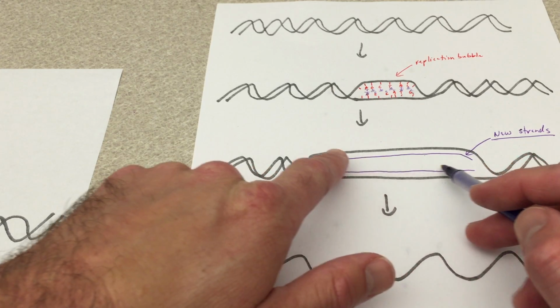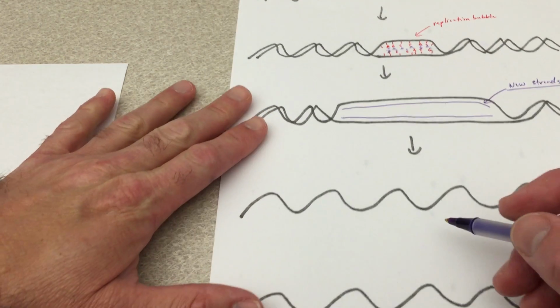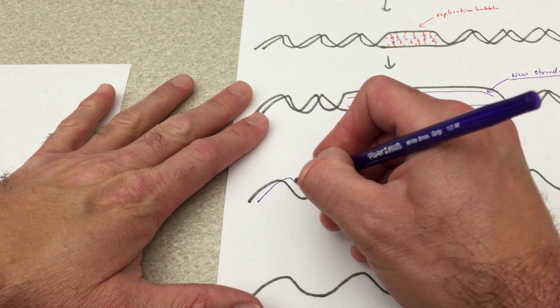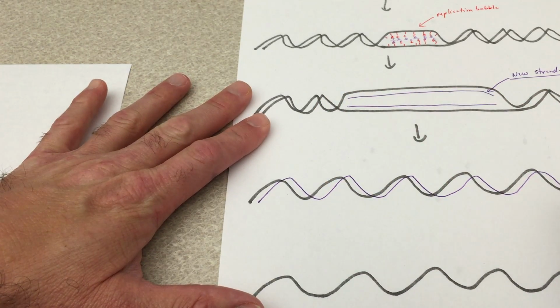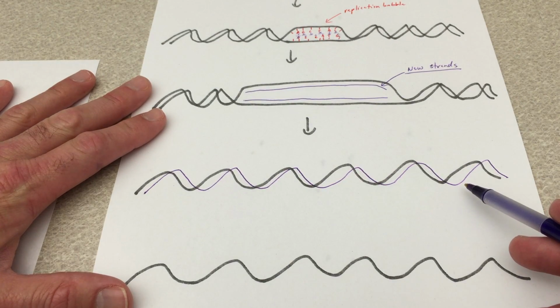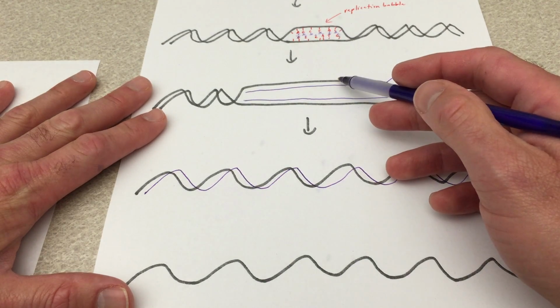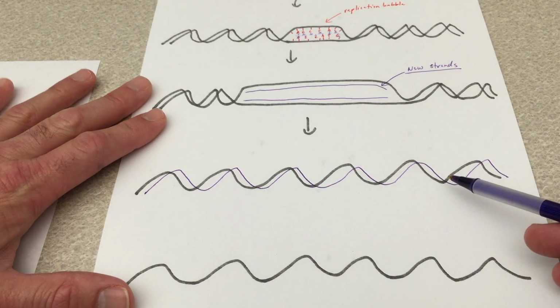This bubble is getting wider and wider and wider. And then eventually we're going to have a new double-stranded DNA composed of one of the original strands and one newly synthesized strand as shown here in purple.